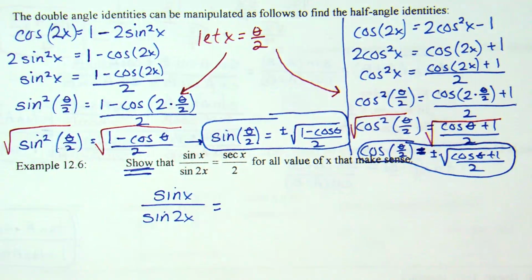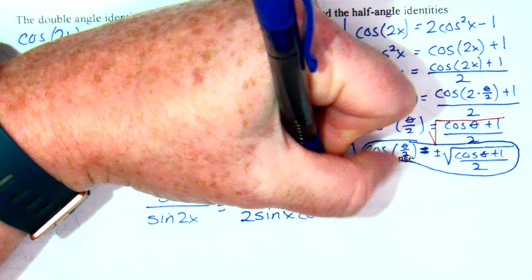Sine of 2x is the one we're replacing. So sine x stays on top. I'm just going to carry that over. According to our double angle identity, sine of 2x is equivalent to 2 sine x cosine x. If you can get that first step, I personally think it's an easy problem once you see that first step.